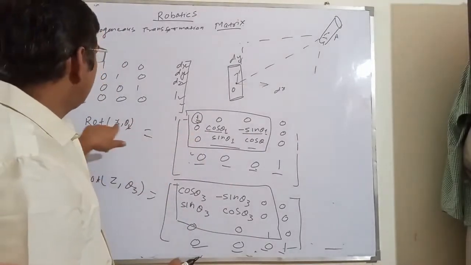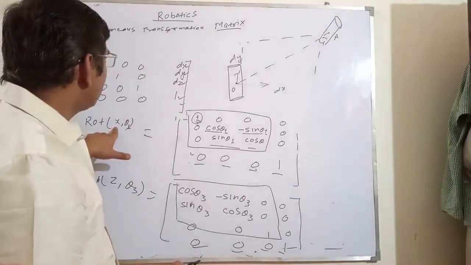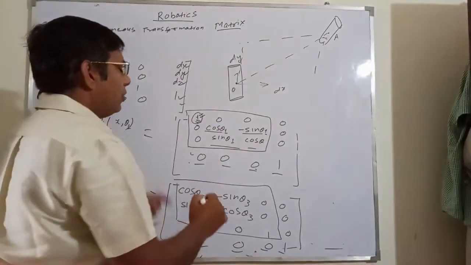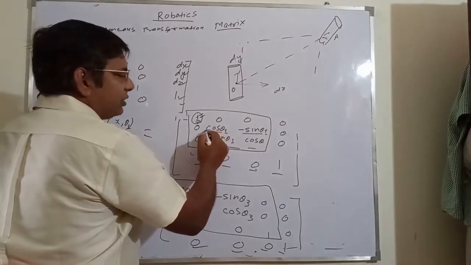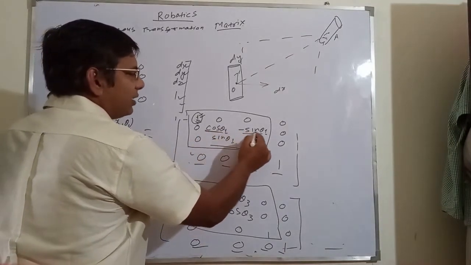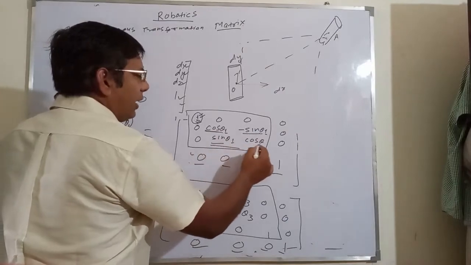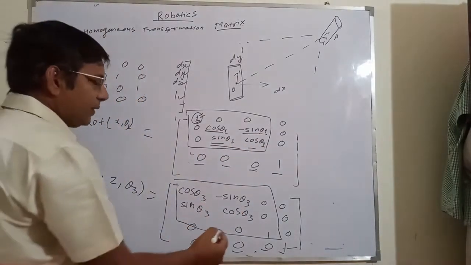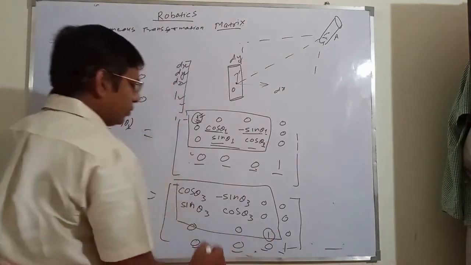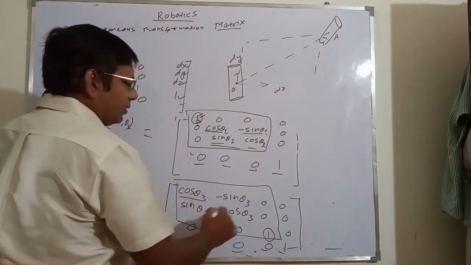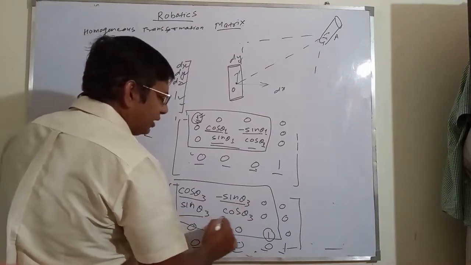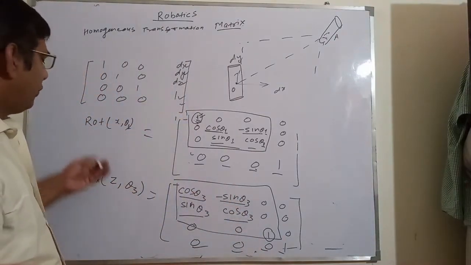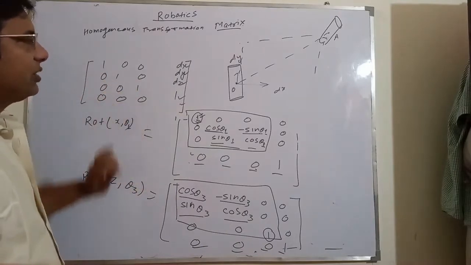If we rotate about the x-axis, we do not change the 1, but we change cos theta 1, minus sin theta 1, sin theta 1 and cos theta 1. Similarly for the z-axis, this is the z position, so here cos theta 3, minus sin theta 3, sin theta 3, cos theta 3. In this way we can write the transformation matrix.